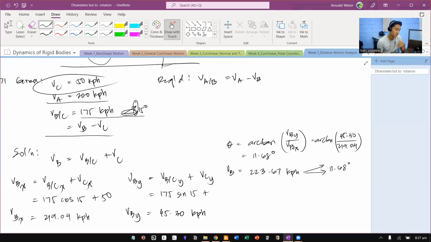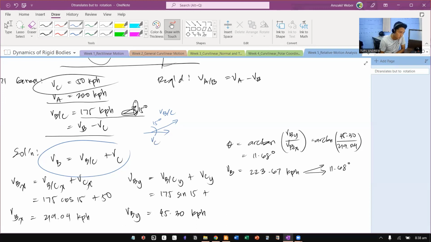So it becomes a resultant. That is the geometric equivalence. So we have VB/C at 175 and 15 degrees, and the aircraft carrier at 50.